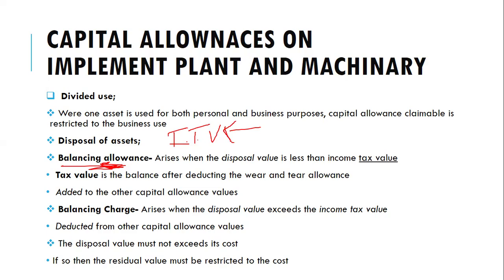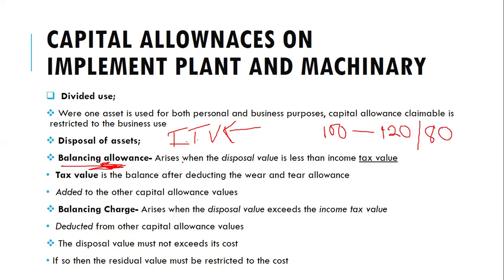After we match it against the disposal proceeds, there's either going to be a positive or a negative figure. So say the income tax value, for argument's sake, is 100. And then the disposal proceeds are 120, right? And in another scenario, the disposal proceeds are 80, right?